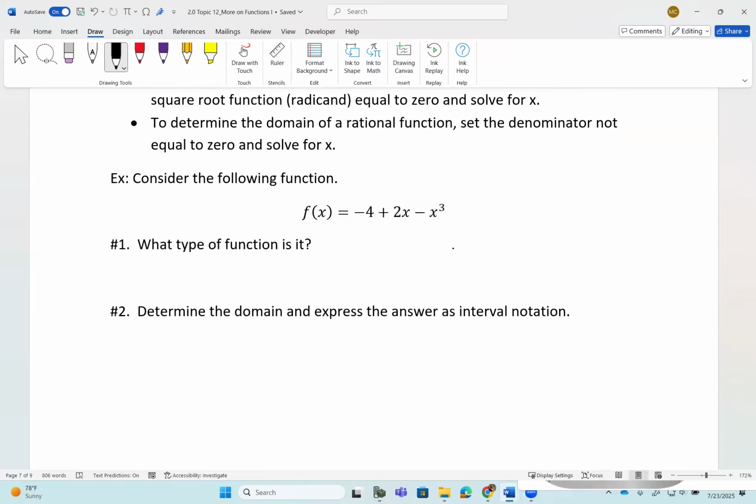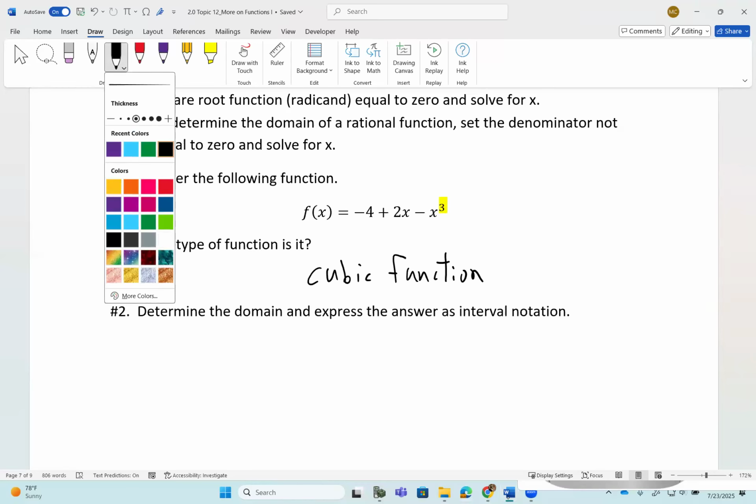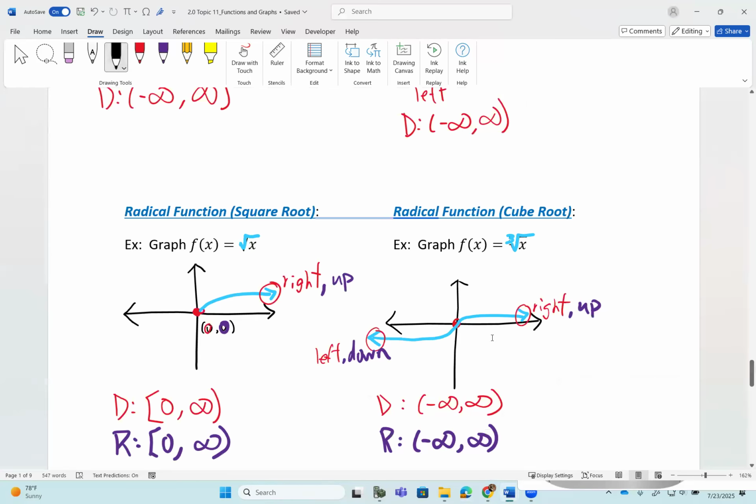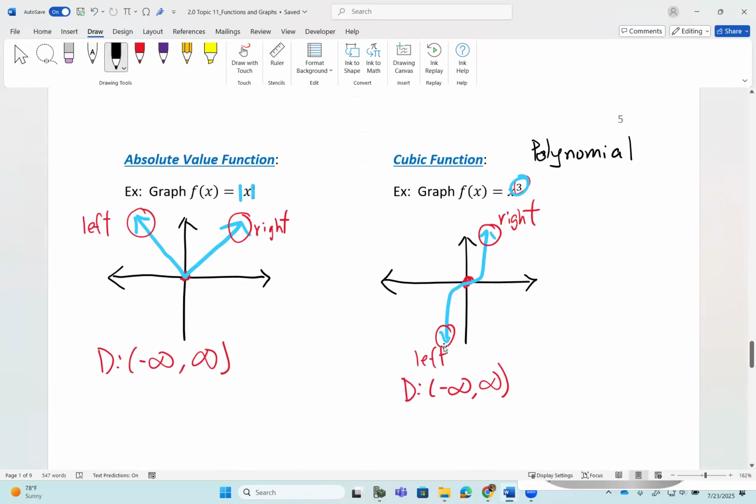For this function, the highest exponent is a third power, so that is a cubic function, because there's no square root, no absolute value, no square, no x to the first power, and it's not a fraction, so it's not a rational function. So it's a third power, a cubic function. Last time in topic 11, we said all cubic functions have the same domain. The graph will look something like this. The domain is negative infinity to positive infinity.